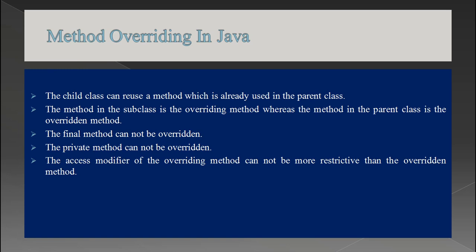And also a private method cannot be overridden. Why? Because a private method is only accessible to its own class, and private members cannot be accessed by a subclass. So in the subclass we cannot redefine the method. So private and final methods cannot be overridden.